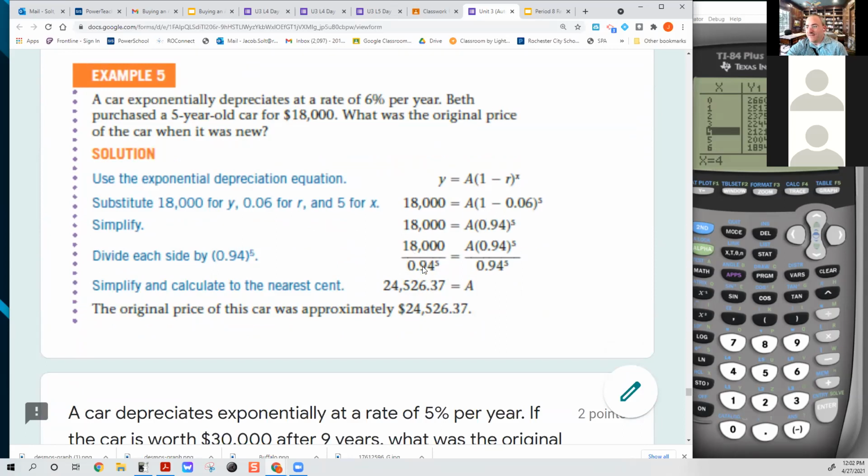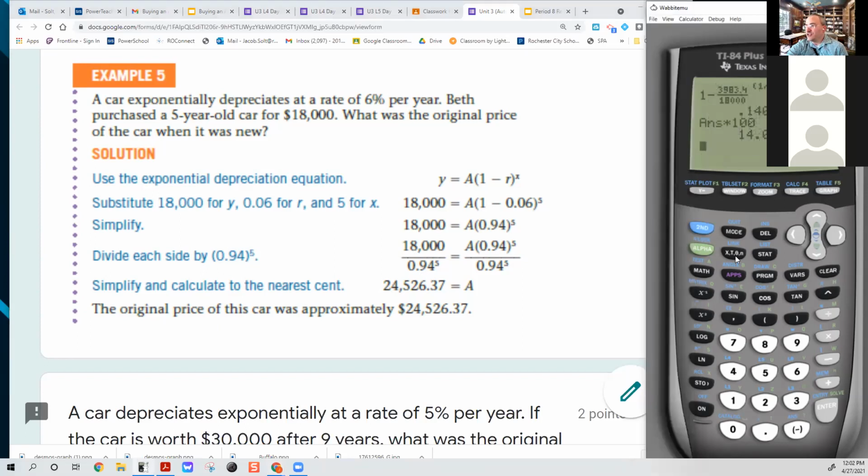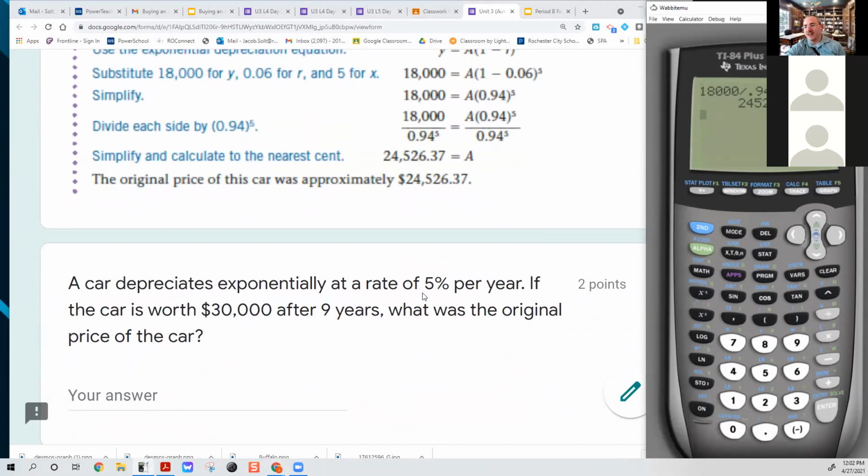So 18,000 divided by, let me go to my calculator and show you how this works. 18,000 divided by 0.94 raised to the 5th power gives me $24,526.37. And that's exactly what A is. That's the original price of the car.